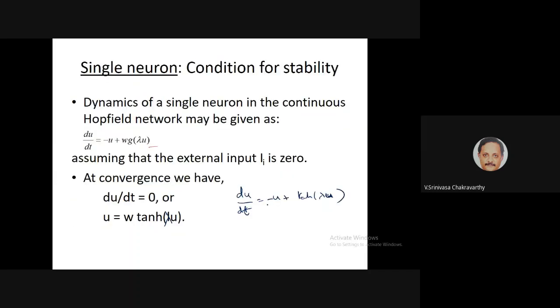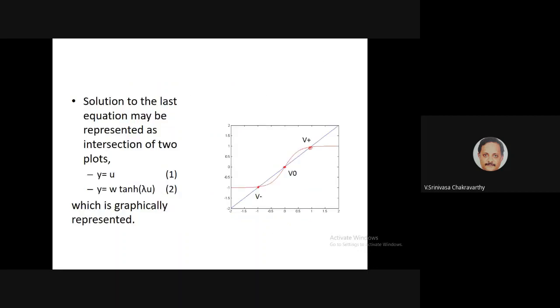So here I want to understand the zeros of this, to understand stability. How many stable states does it have? I want to know when this expression on the right side becomes zero. So for that, I take two expressions. One is y equal to u, another is y equal to w tanh of lambda u.